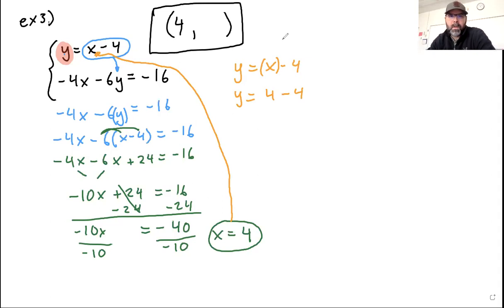And the last thing we're going to do is solve this new equation. Combine these like terms. And we get y equals 0. So our answer is 4, 0, and this is one solution.